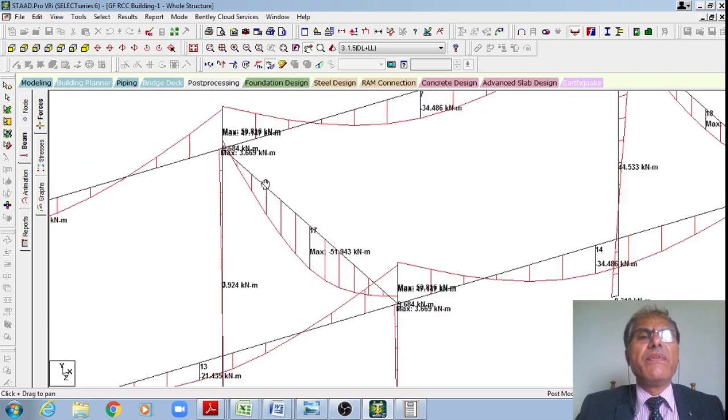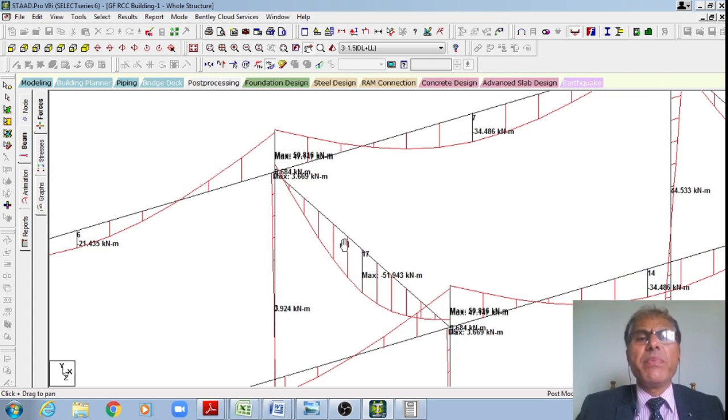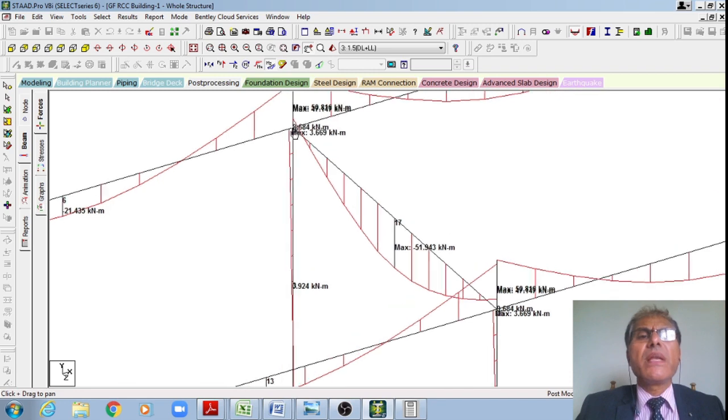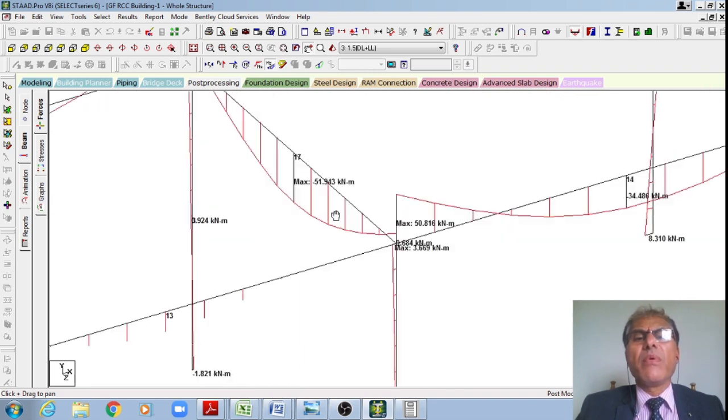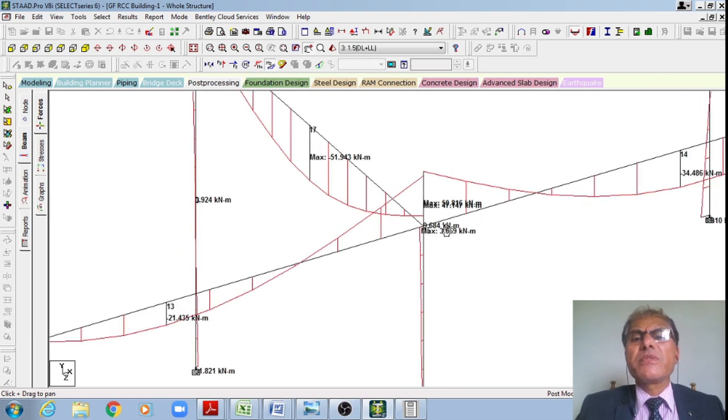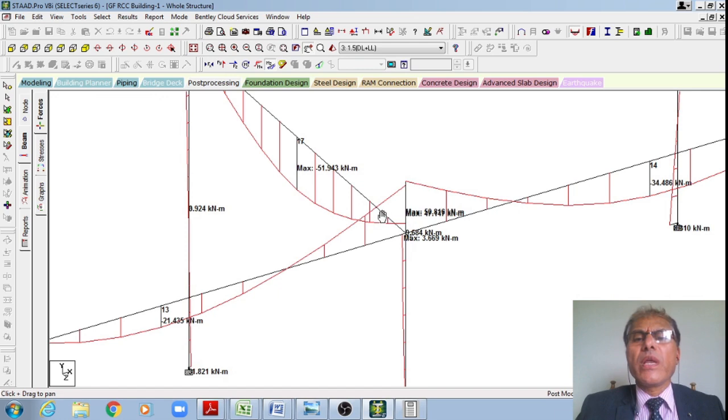Even for the mid-span beam, the central beam is varying from approximately some 9.6 kilonewton to central positive bending moment of 51, that will govern the design, to a small moment of 9.6 kilonewton, right?